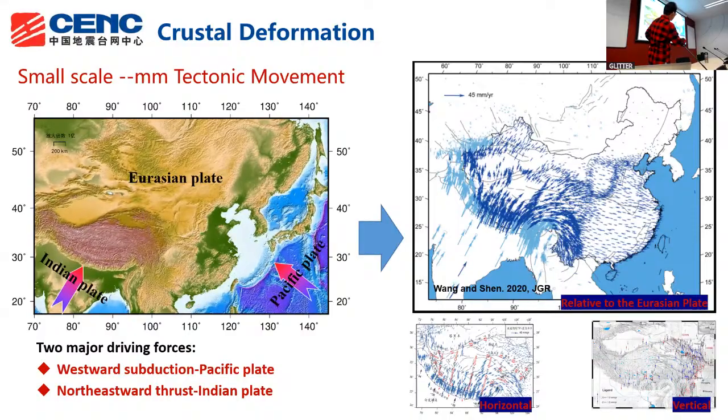So from this result, we can see China's tectonic movement is influenced by two major driving forces. One is the northeastward thrust from the Indian plate, and the other is from the Pacific plate, from the westward subduction.